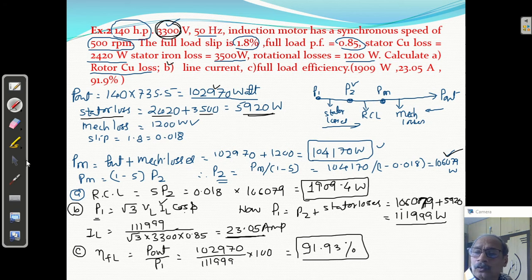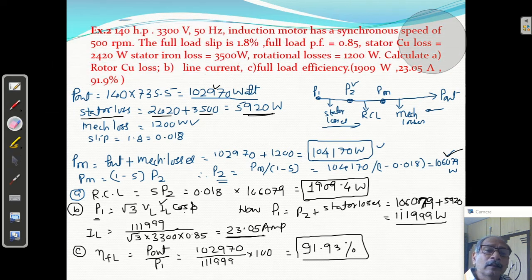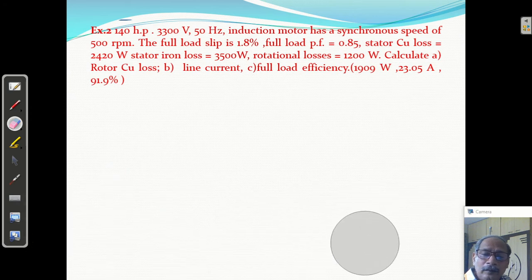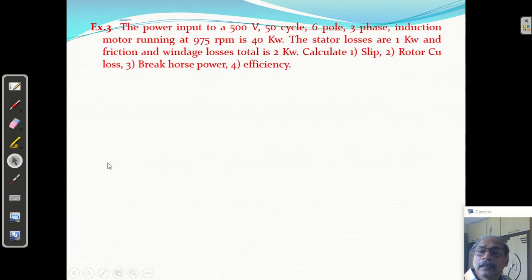It is related with the power cycle, power stages. Again, I have given this problem.